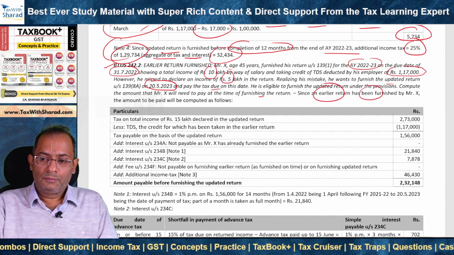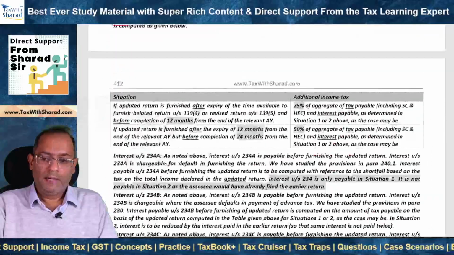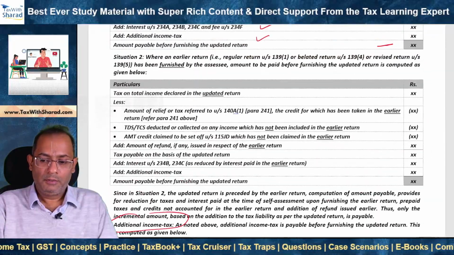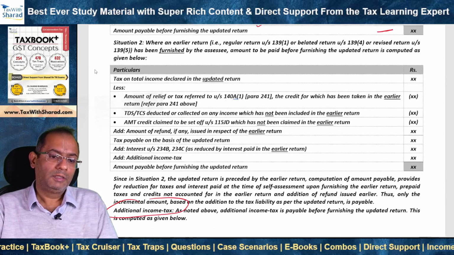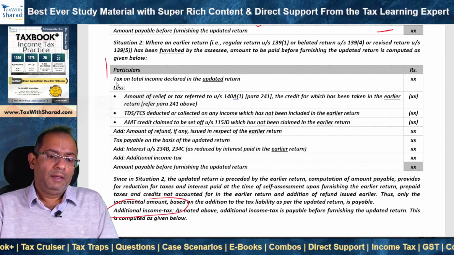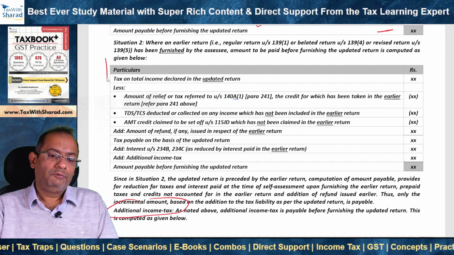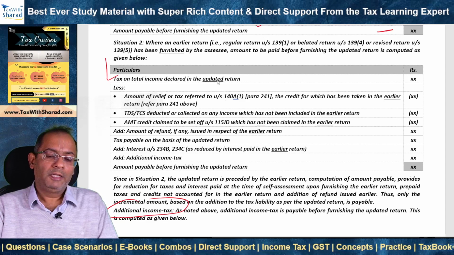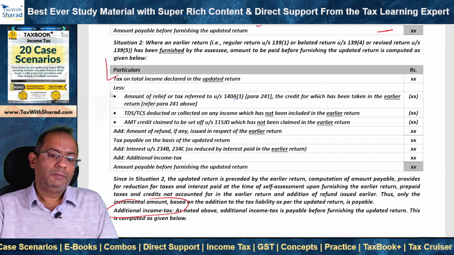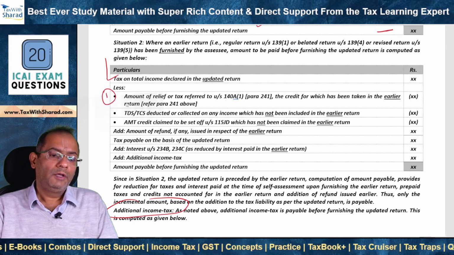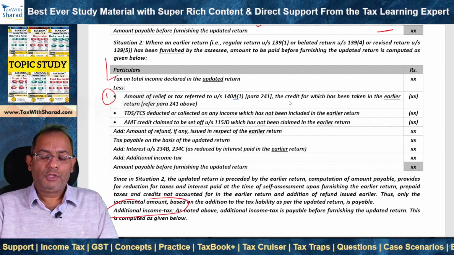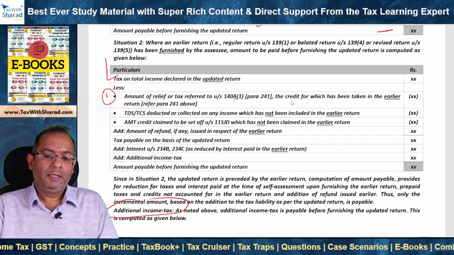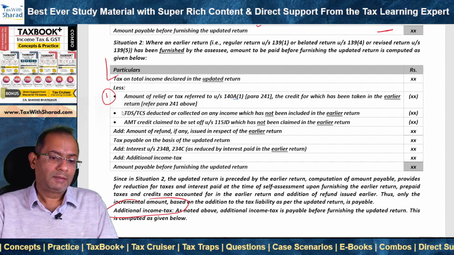Before we understand the computation, we'll take a quick look at what we discussed some time back. So this is the table. And what we need to do, first we need to figure out the tax on total income as per the updated return. From that we need to reduce one, the amounts for which the credit was taken at the time of payment of self-assessment tax.